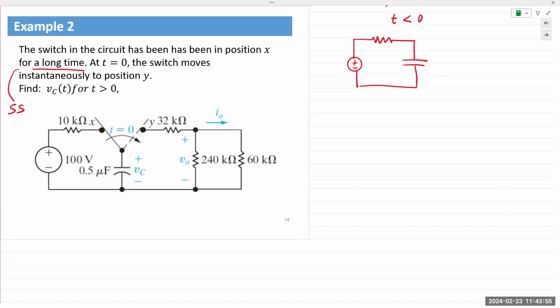The only thing we are concerned with is that the capacitor is fully charged. So VC at 0 minus is 100 volts. The only thing we care about is inferring that a capacitor at steady state means the voltage across that capacitor is 100 volts. All right.